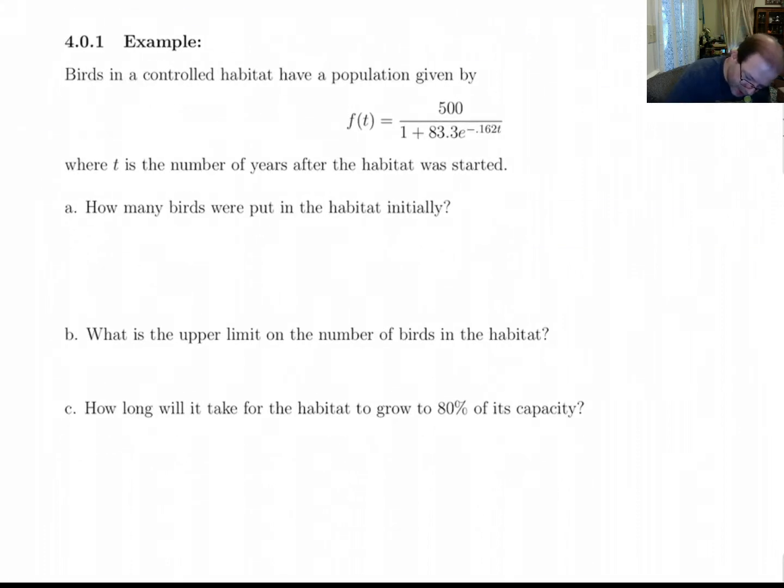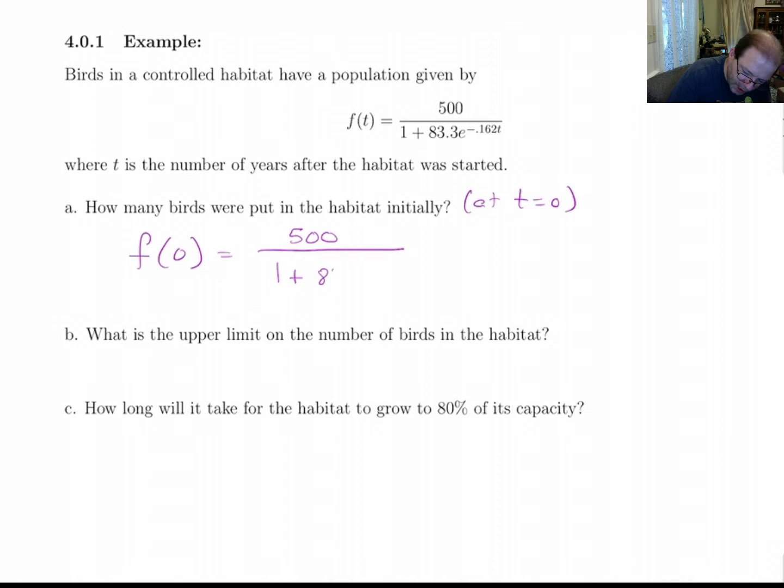Well, to find that, you just have to do f of 0, because this is at t equals 0. This is one we could do pretty easily. Just 500 over 1 plus 83.3 e to the negative 0.162 times 0.